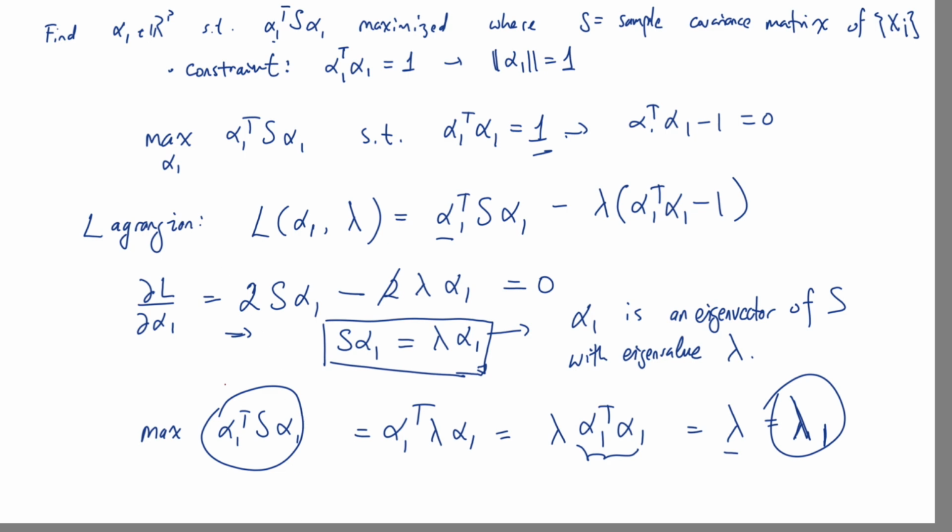Now, usually we don't want just a single principal component. We want multiple principal components. So what is the second principal component? Well, that's going to be another vector.